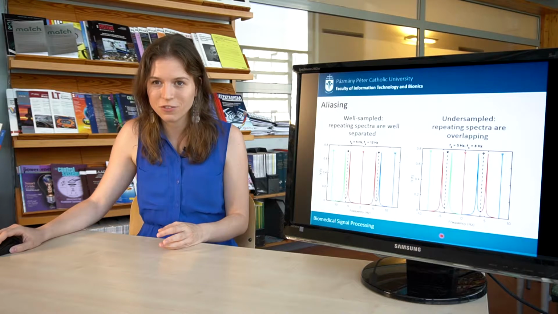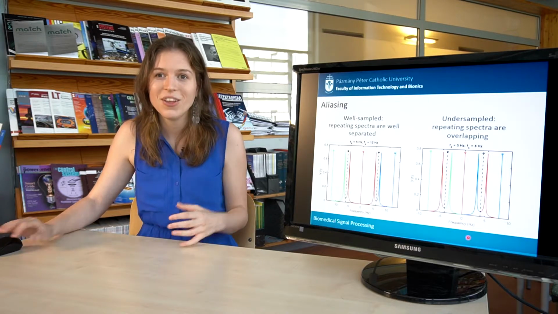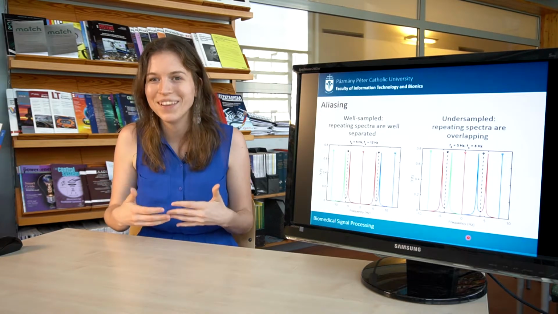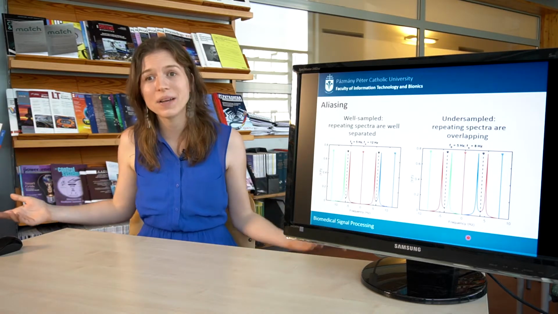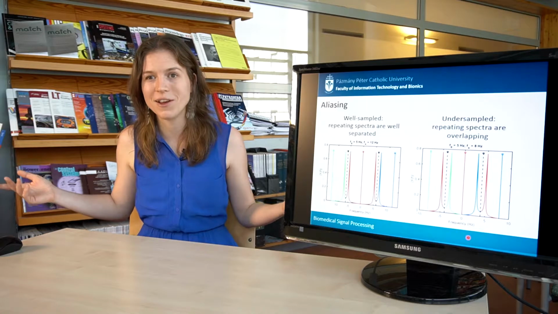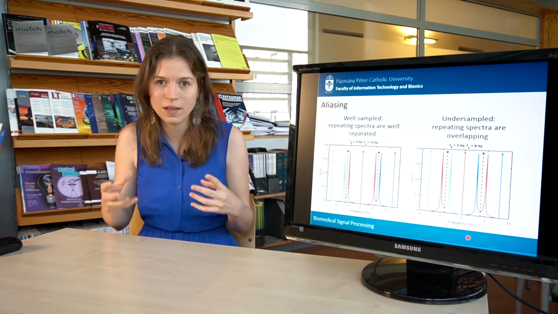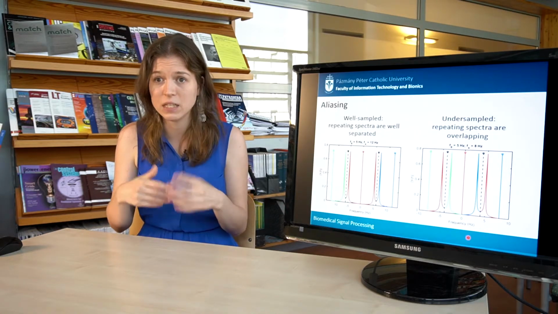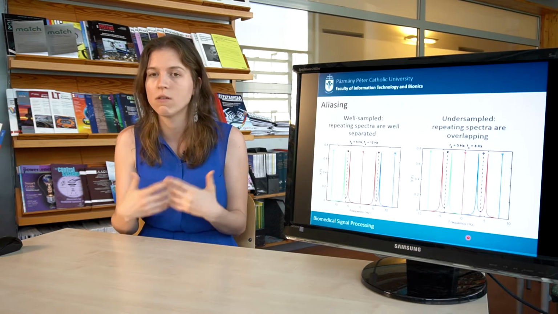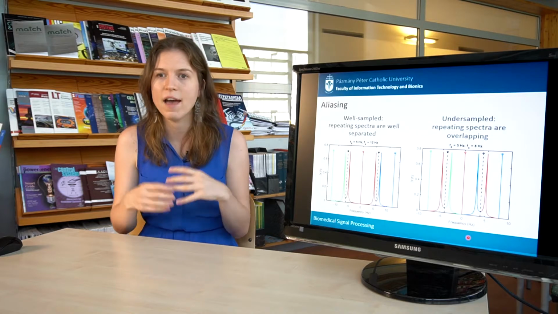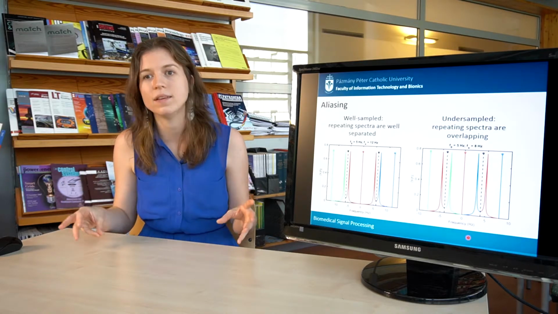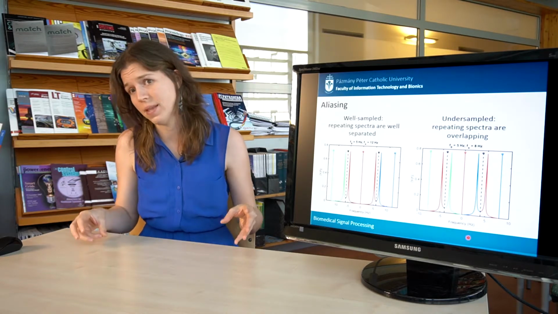So if you are reconstructing from this period, then you have too much information. You have this information of the upcoming period, and this way you will have these spurious patterns in your image or in your signal. Your signal will be distorted because you have this added frequency content which should not be there.